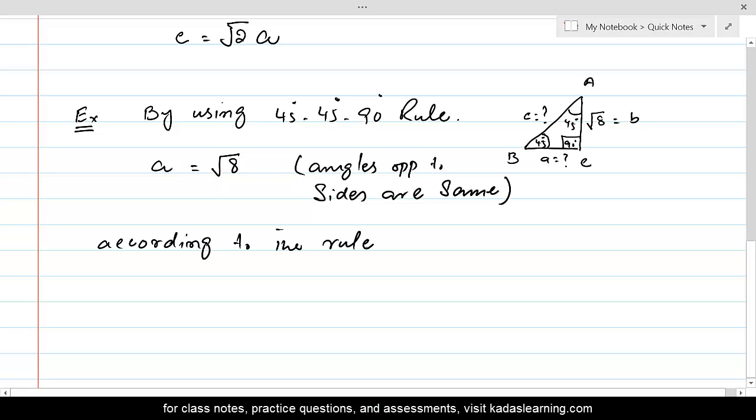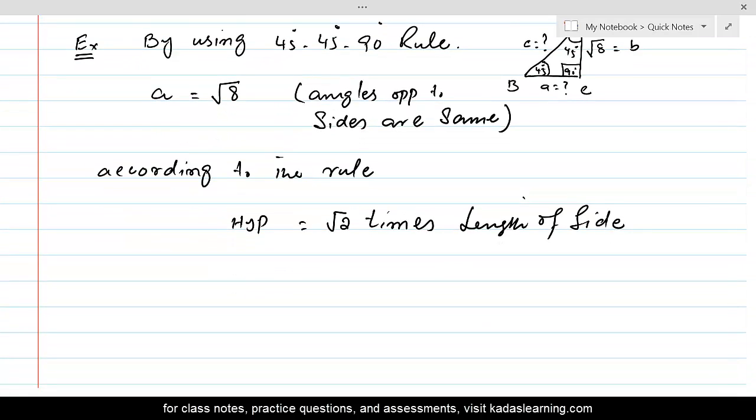And now when we have this as under root 8, according to the rule, this hypotenuse must be under root 2 times the length of the side. And what is the length of the side? That is under root 8. So this is equal to under root 2 times under root 8.